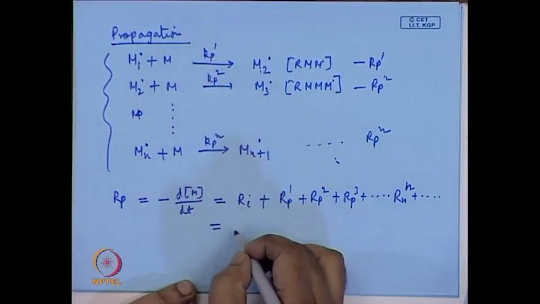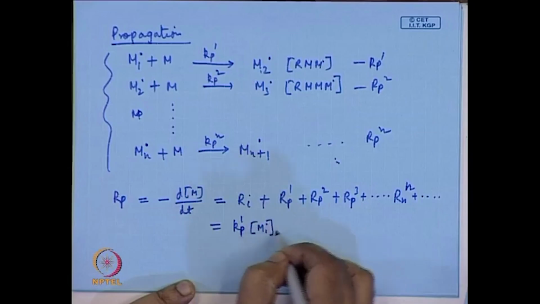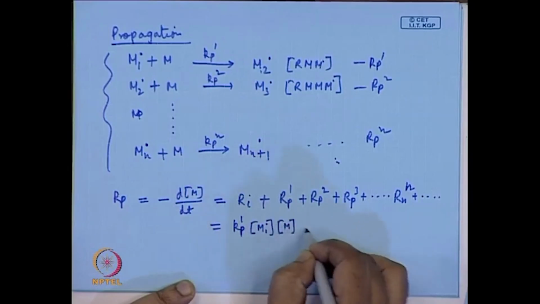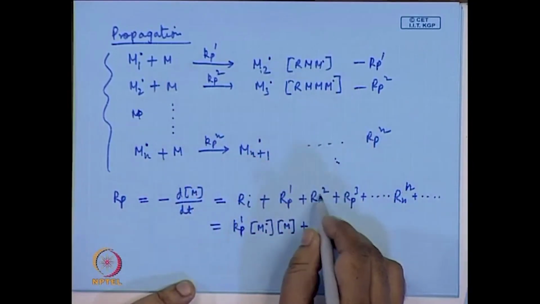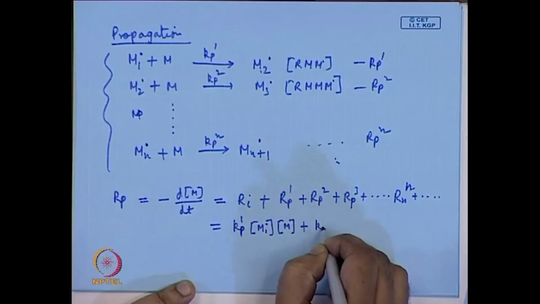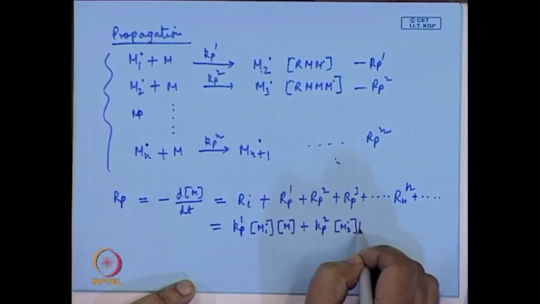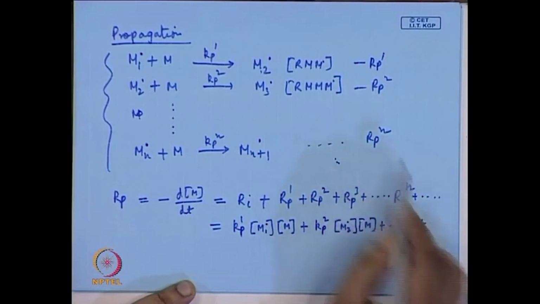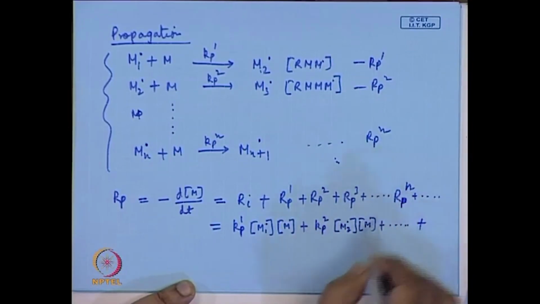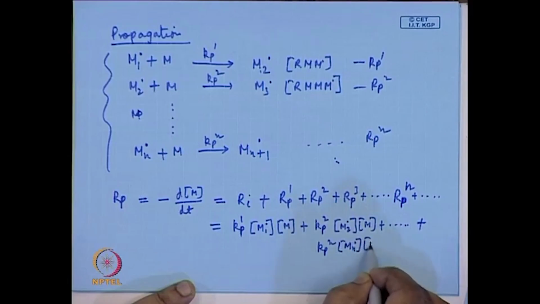Rp1 is given by Kp1 [M1 dot][M], Rp2 is given by Kp2 [M2 dot][M], and so on, and Rpn is given by Kpn [Mn dot][M].